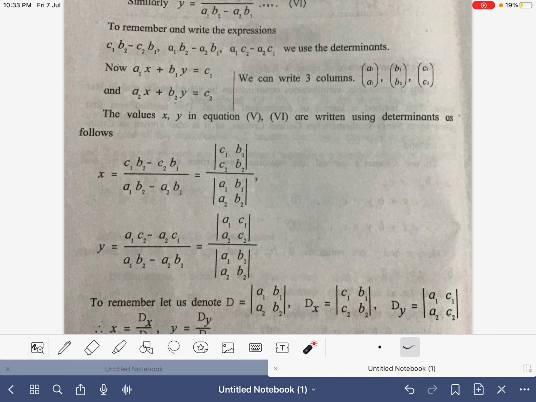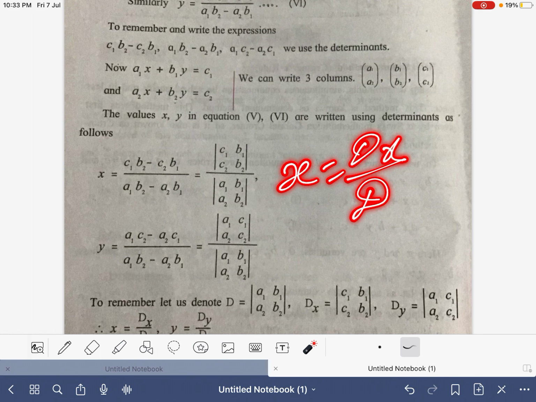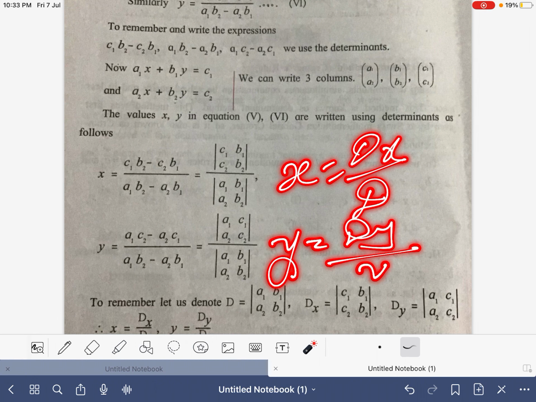And this numerator is nothing but the determinant of x, and the denominator we call D. So the formula for x is equal to Dx upon D, and for y it is Dy upon D. Okay, so what is meant by Dx, what is meant by D, what is the value for Dy, and what is the value for D?